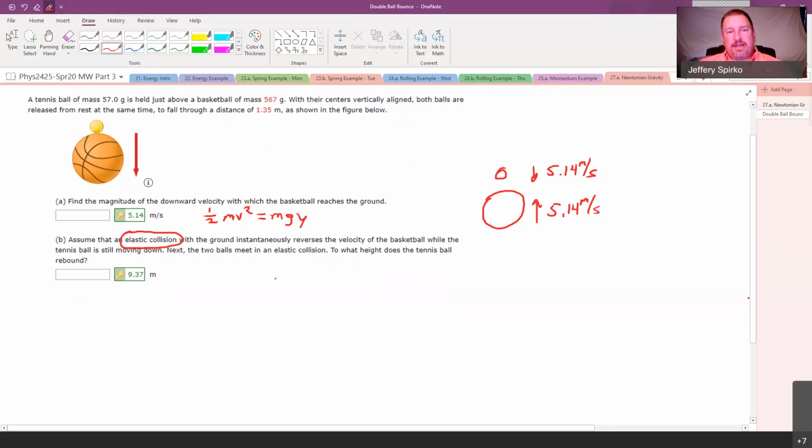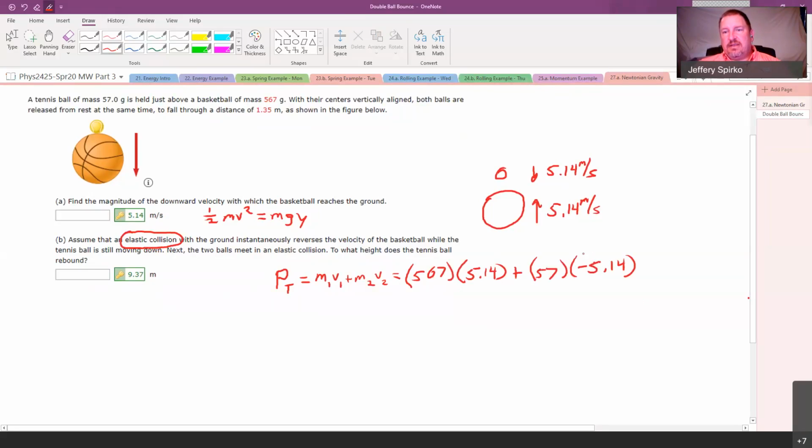So I start by calculating the total momentum, which is m1 v1 plus m2 v2. So I would use 567 times 5.14 plus 57 times negative 5.14.